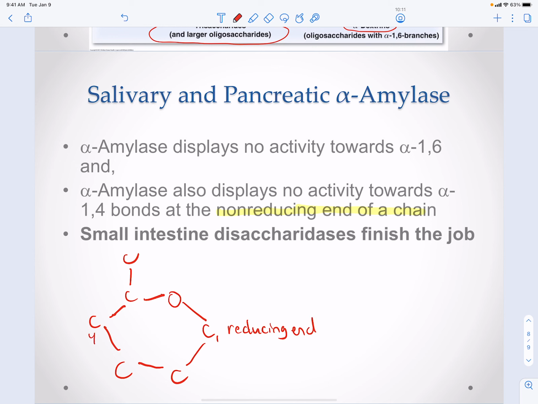And then carbon 4, this is your non-reducing end. And this is glucose. And so your salivary and pancreatic alpha-amylases can attack the internal alpha-1,4 bonds, but not any non-reducing ends. And so you're going to have other disaccharidases come up and finish the job.